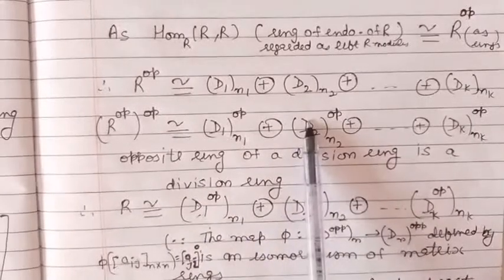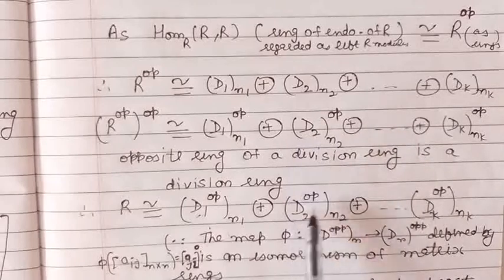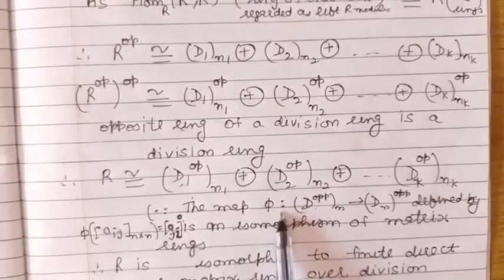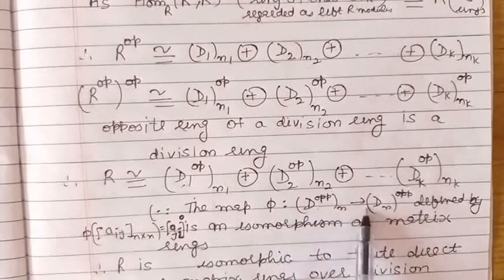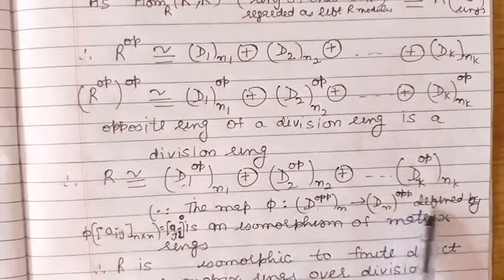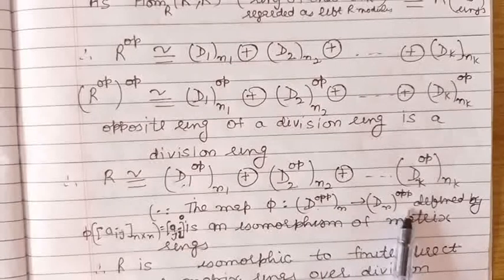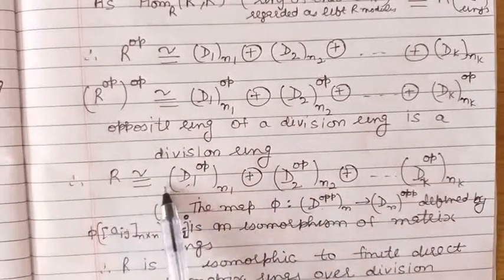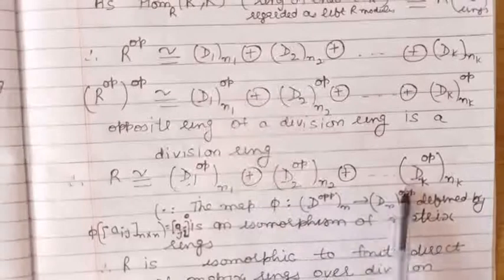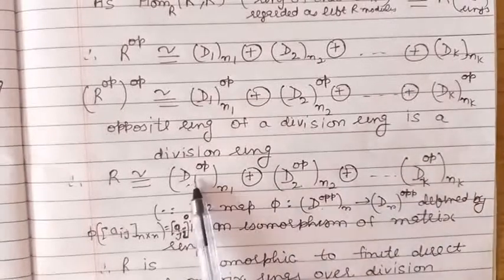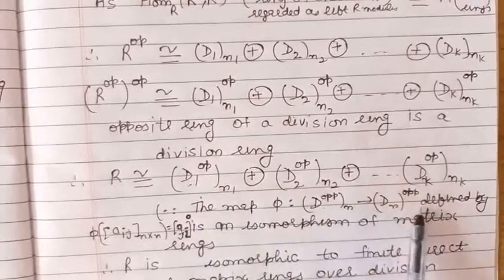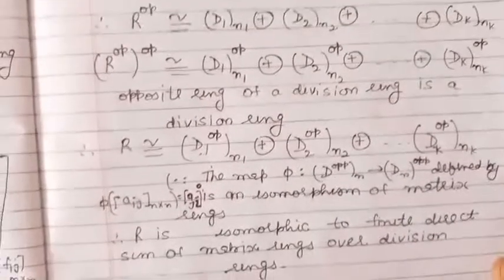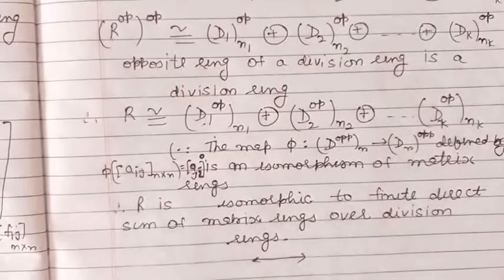This ring is isomorphic to the ring D2 opposite n2, because if we define the mapping phi from D opposite n into the ring Dn opposite, then this is an isomorphism of matrix rings. So from here we can say that ring R is isomorphic to the finite direct sum of matrix rings over division rings. This completes the proof of the Wedderburn-Artin theorem.